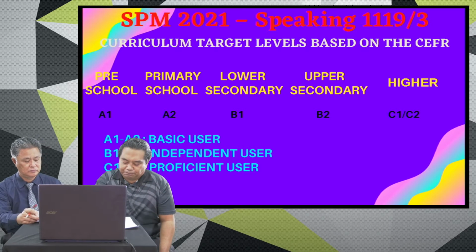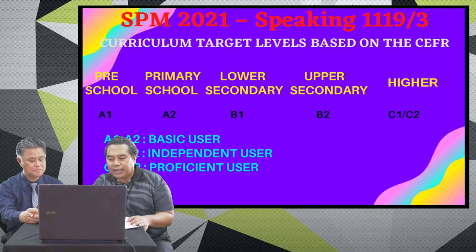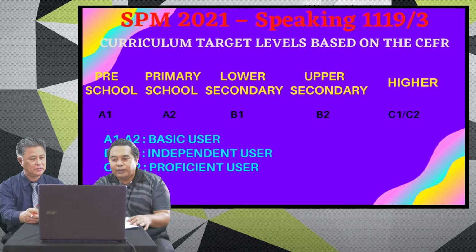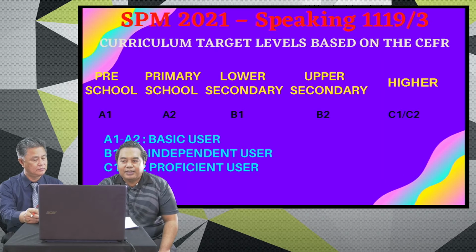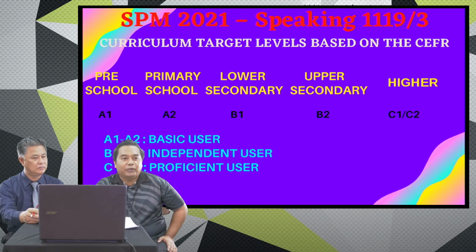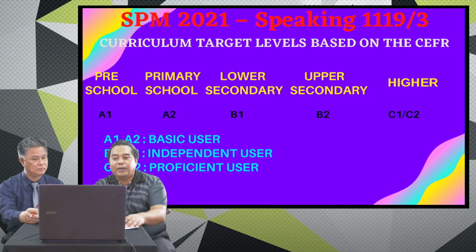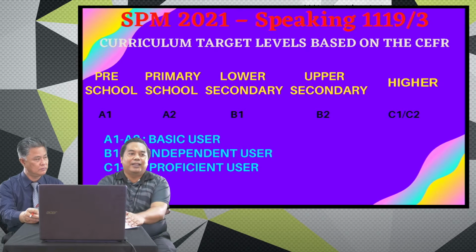Okay, for SPM, we look at the upper secondary. For SPM students, we target them to achieve the level of proficiency of B2. So we will ask questions within the standard only.